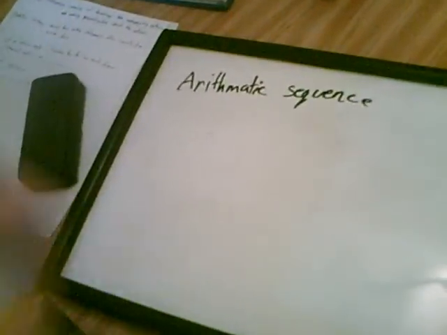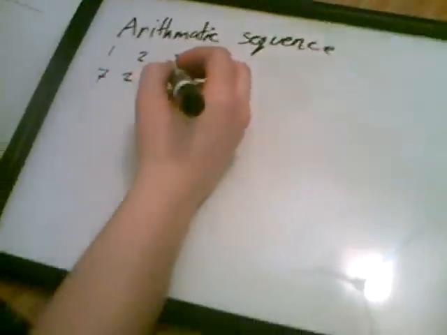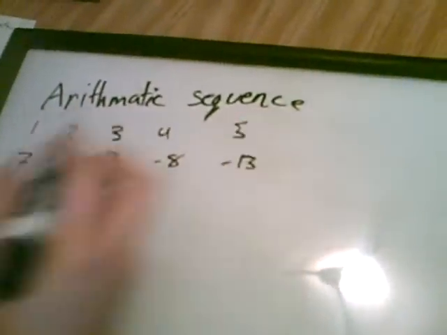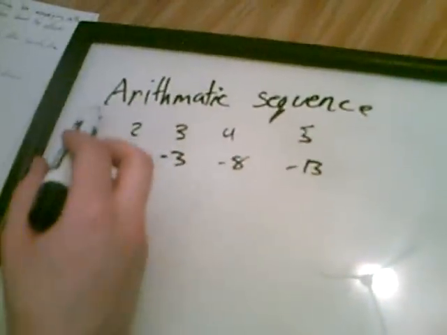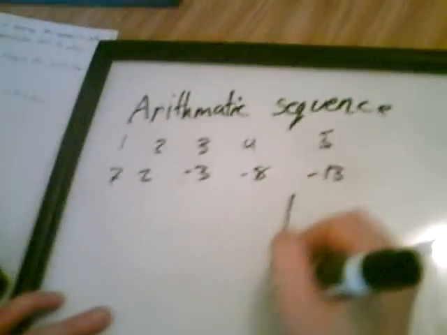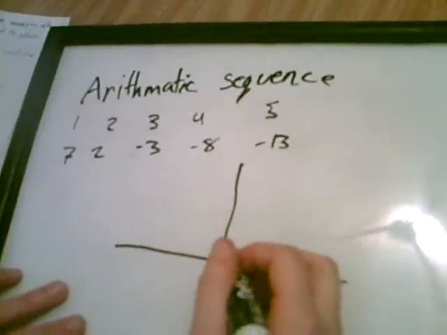For example, why did I just get rid of all those points? My bad. So these are the same numbers that we just had. Here's the n value for each one, for the first number, second number, third number, and this is the value that each number had. So I'm going to plot these on a coordinate graph.